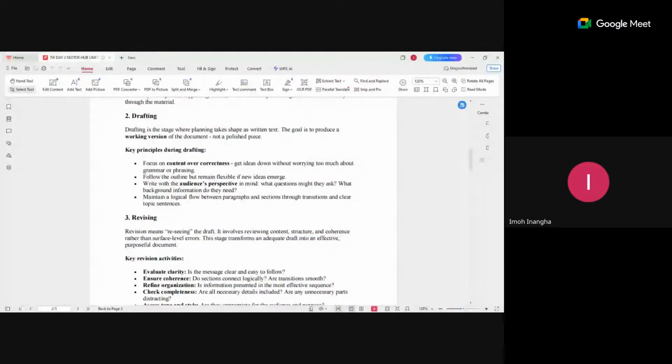Now, key principles during drafting. Focus on content over correctness. Take note. Focus on content over correctness. Get ideas down without worrying too much about grammar or phrasing.